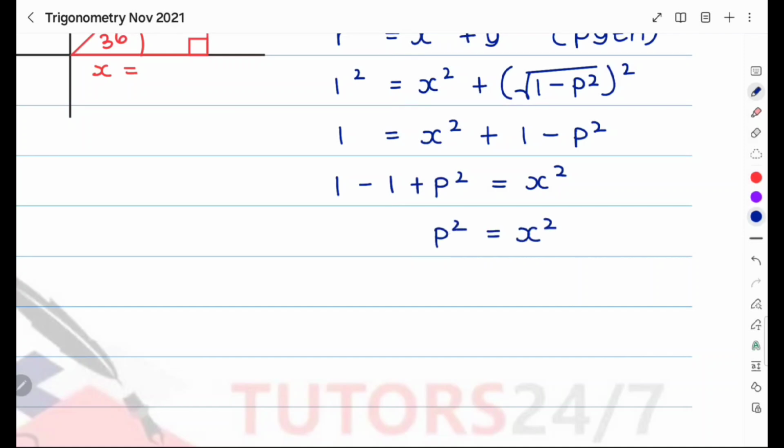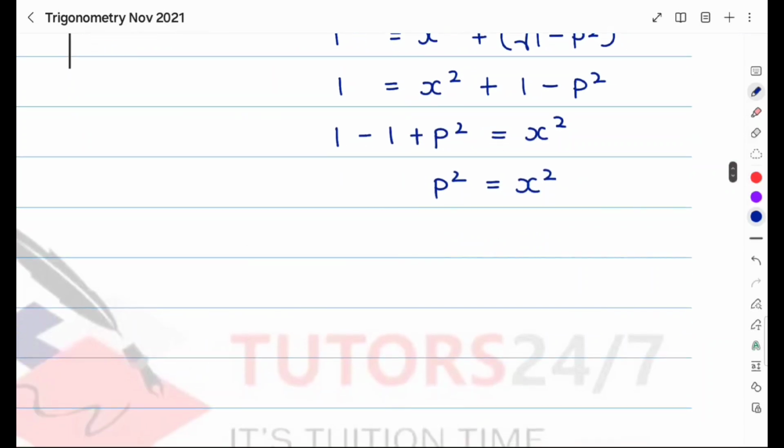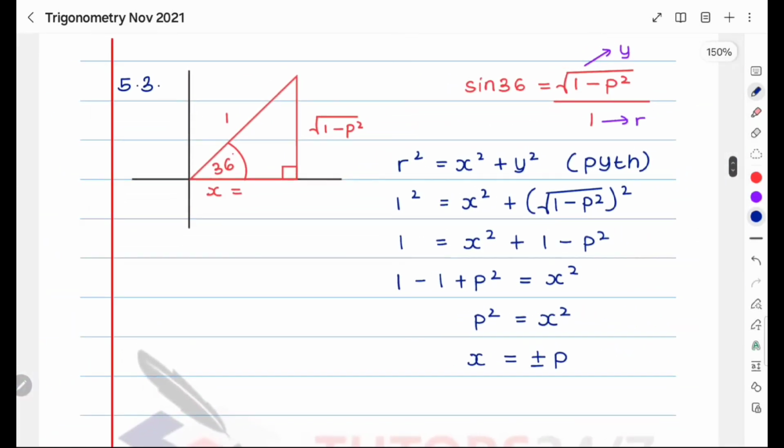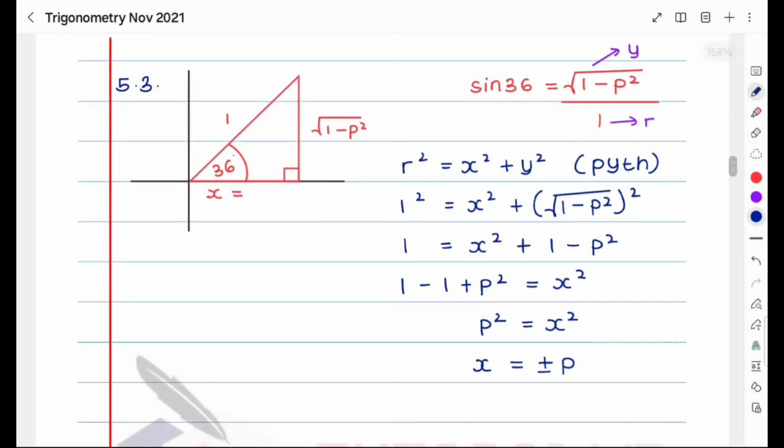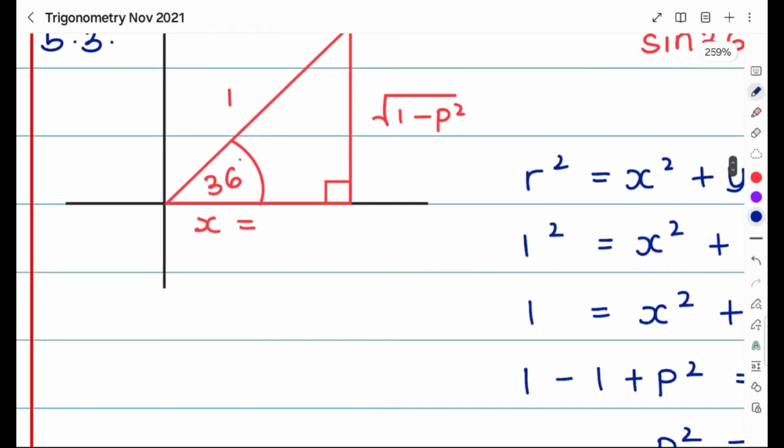We're going to square root both sides. Please keep in mind when you square root something, it becomes positive or negative. So x is then equal to positive or negative p. Because we are in quadrant 1, it means that we have a positive x value. So we are going to go with positive p.